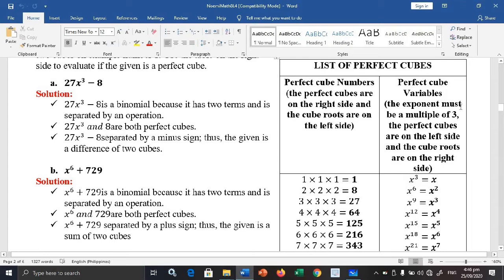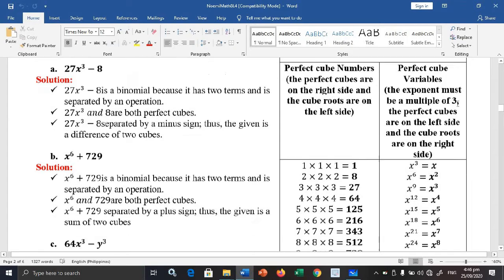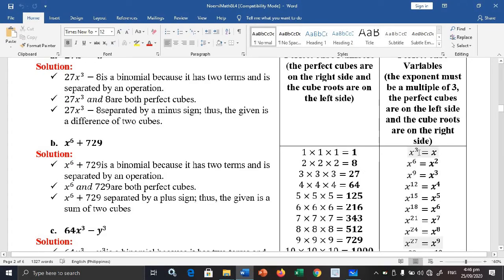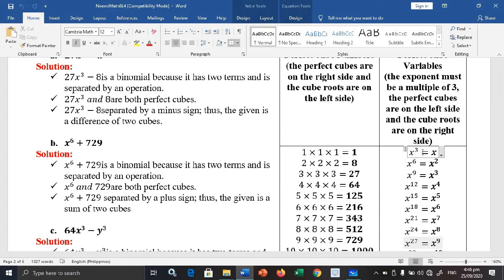And then, we have here also the perfect cubes in terms of variables. Kailangan yung exponent niya dapat multiples of 3. Hindi ba kapag perfect square, dapat multiples of 2. Kapag naman perfect cube, dapat multiples of 3. Yung variable ay yung exponent pala.